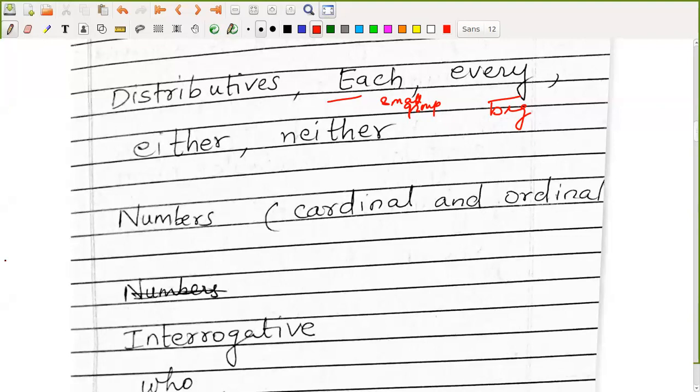Neither is a negative word. It means he is not in the house, he is not in the garden. Neither of the boys has come means what? None of the boys has come. So neither is a negative word and either is a positive word. Either means one of the two, neither means none of the two.